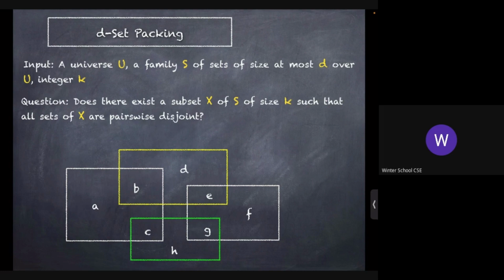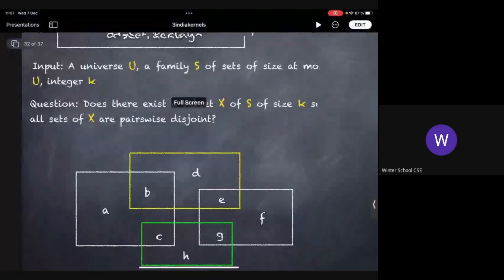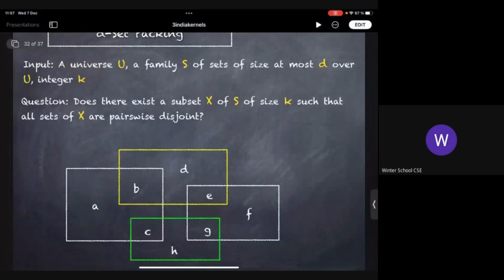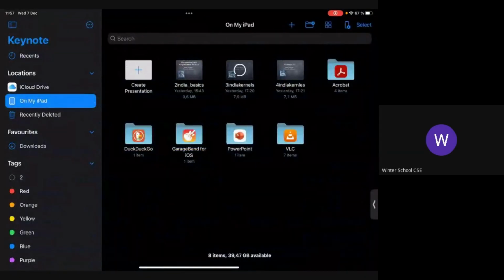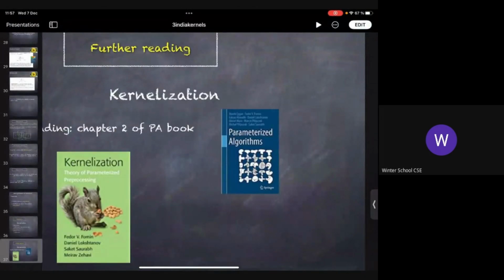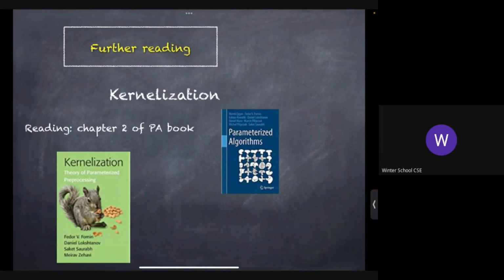To conclude, I just gave you a very fast glimpse of what kernelization is about. This area is relatively new compared to parameterized algorithms and to classical algorithms. But still, there is already a lot of work here, and there are quite nice, interesting and deep mathematical methods for obtaining kernelization.